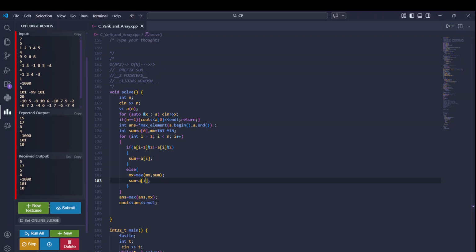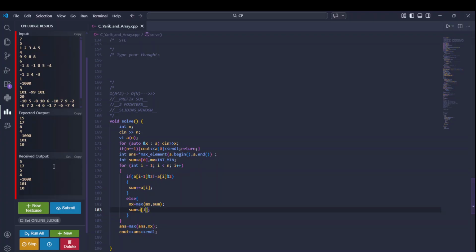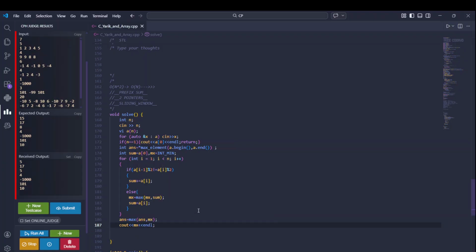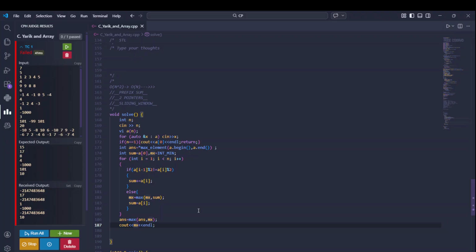Now, still 15. Why still 15 and 5? Because my answer is 5. Yes, so that means here is the max. Let's just do it into x.